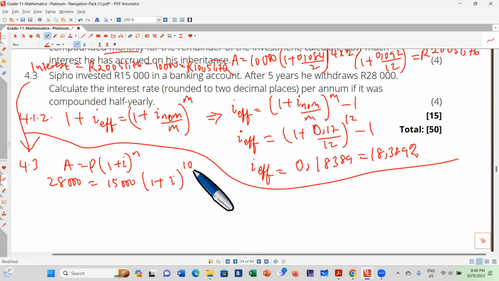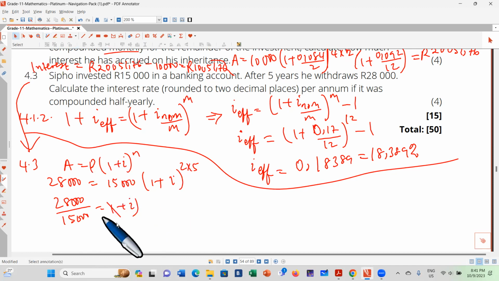Because it is 5 years, it is 2 by 5, which is 10 periods. All right, we solve for i.